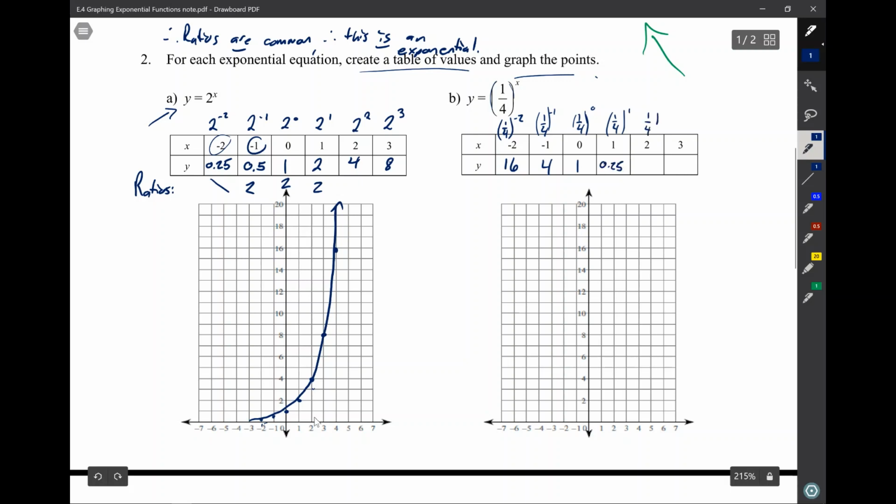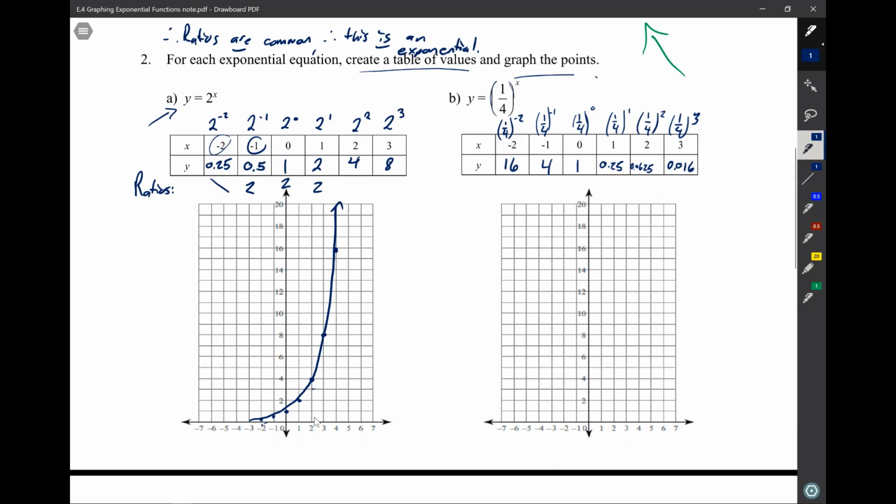And 1 over 4 to the power of 2, which is 0.0625. I know that I'm getting very small very quickly here. And 1 over 4 to the power of 3 is 0.016.